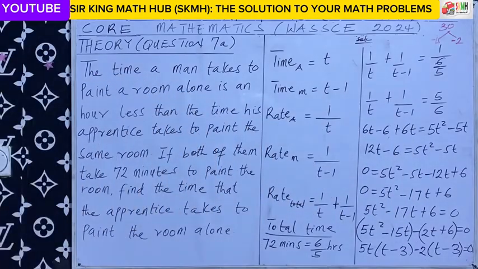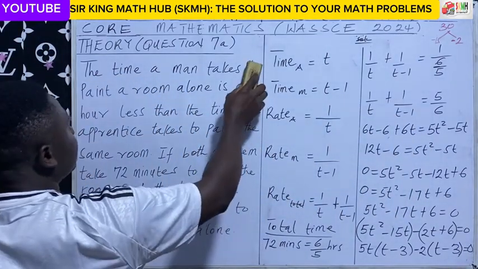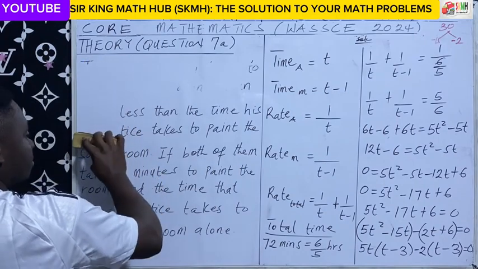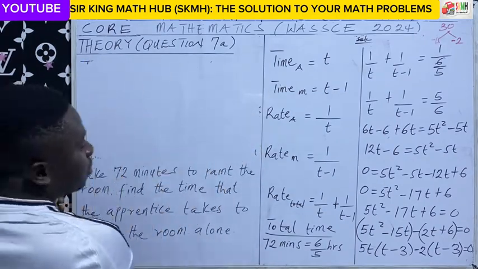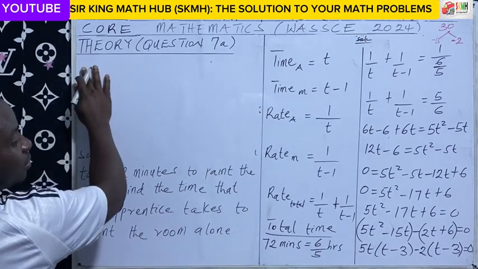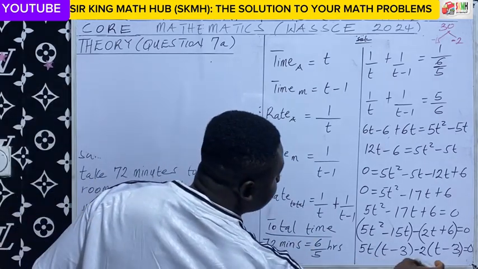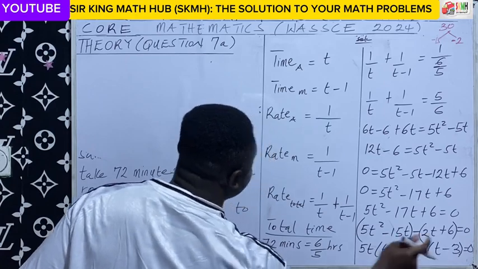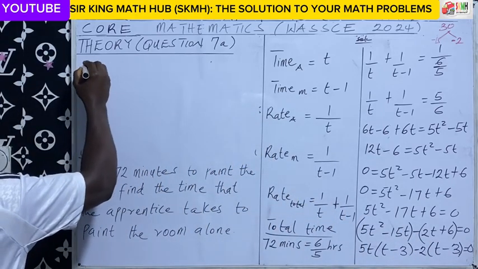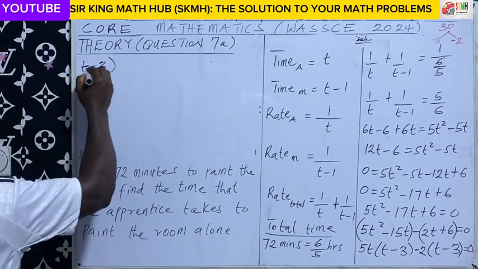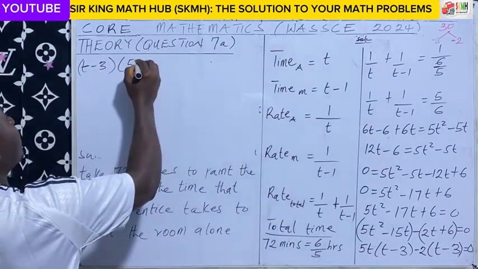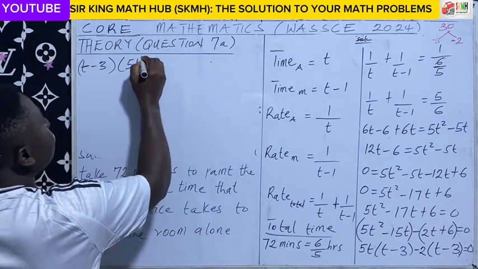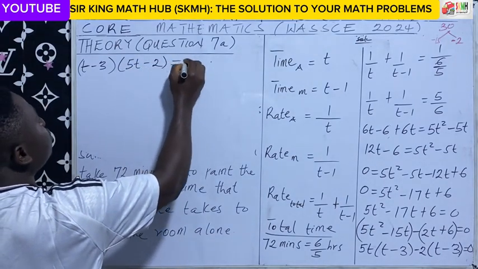So now we have a common term here, t minus 3. So we are going to write one of them. Then the outside factors, 5t minus 2, is equal to 0.